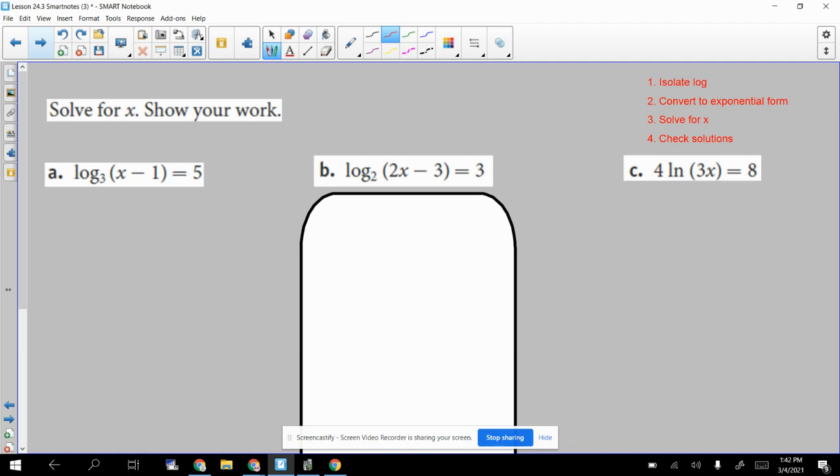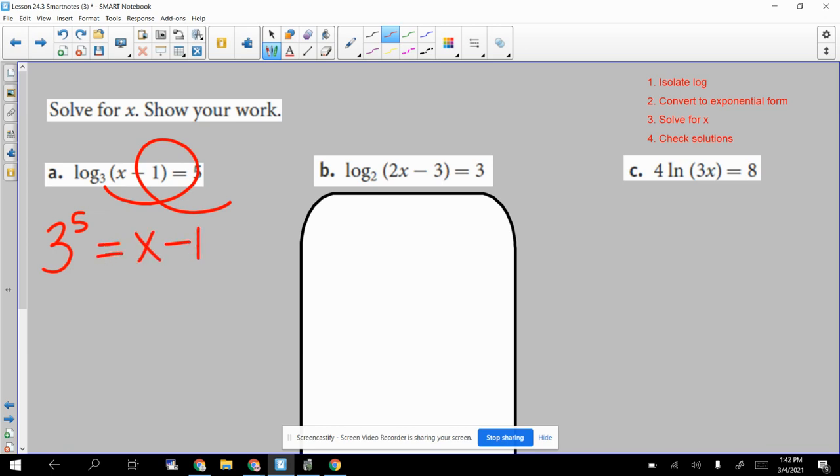Okay, so your first step is to isolate the logarithm. So right now, this is the entire logarithm by itself, so it already is isolated. Okay, then your next step is to convert that to an exponential. So that's going to look like 3 as the base to the 5th power equals x minus 1.